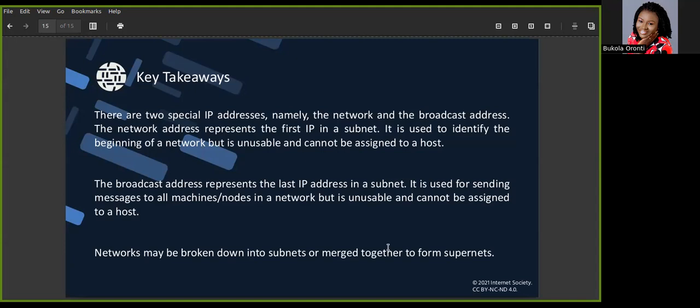You cannot assign it to a particular host. So a network can be broken down into subnets or merged together to form a supernet. So that concludes the second unit of the topic. And then we go to the last part, which is routing under this module 2.